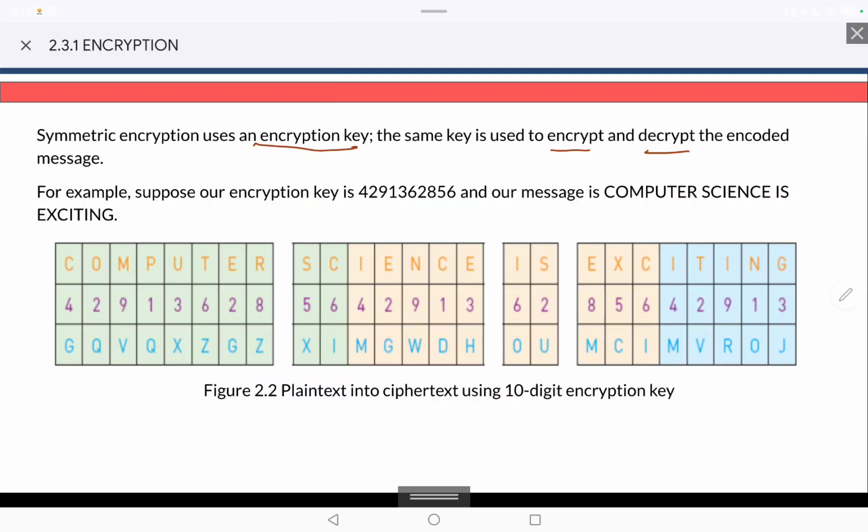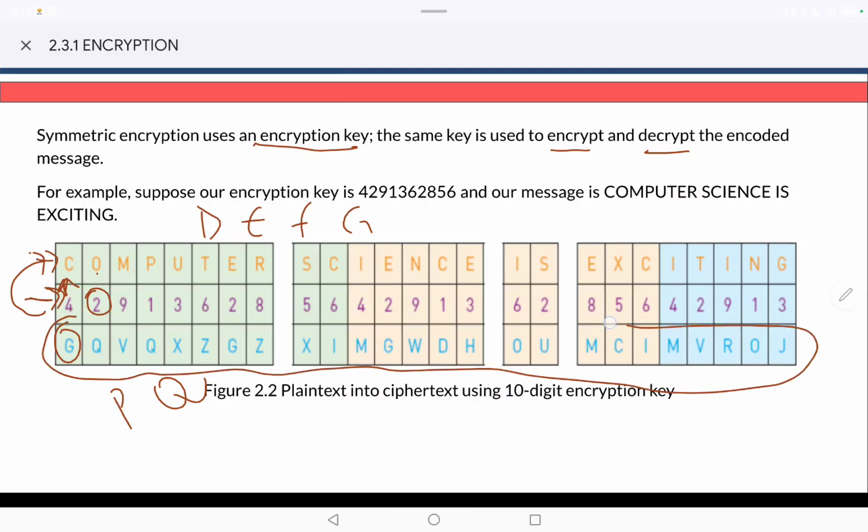Let's take for example, we are sending this message, computer science is exciting. Now, this is the encryption key. So if we apply this encryption key 4 to C, it means we have C, D, E, F, G. So it changes C to G. If we apply this encryption number to O, then we have P, and then we have Q. So this encryption key, when it is applied to this text, changes the text to this data.